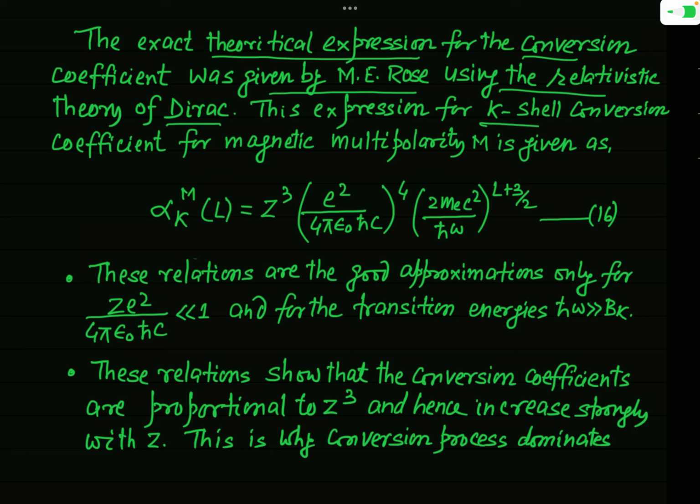This expression for the K shell conversion coefficient is for magnetic multipolarity M, whereas the earlier one was for electric multipolarity E. So α_KM of L comes out as Z³ times (e²/4πε₀ħc) to the power 4, times (2mₑc²/ħω) to the power L plus 3/2.